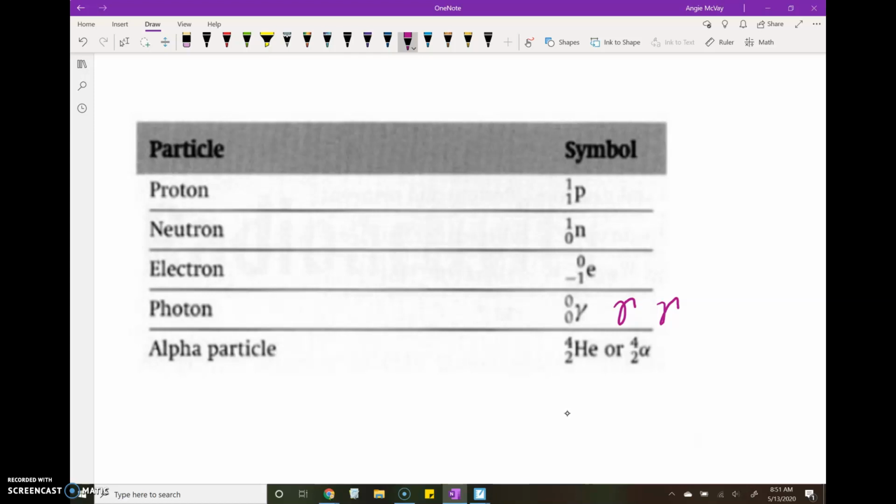And then an alpha particle, remember, is a helium nucleus with 4 nucleons, 2 protons, 2 neutrons. Or we can write it as just an alpha. It's a common particle that's used as an alpha particle. It's the lowercase Greek letter alpha. So we use that. It's the same thing as a helium nucleus, 2 protons, 2 neutrons.